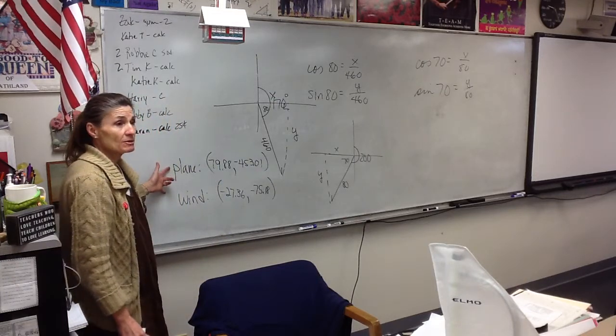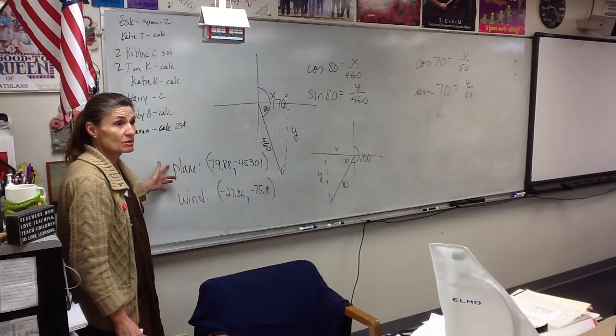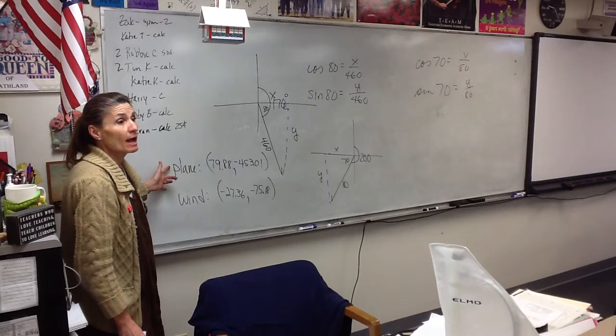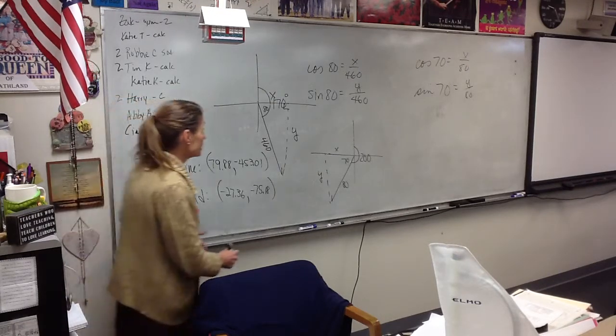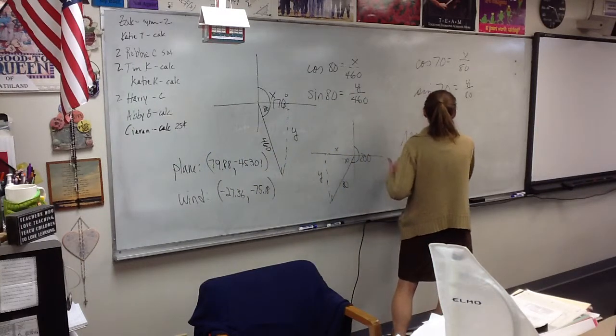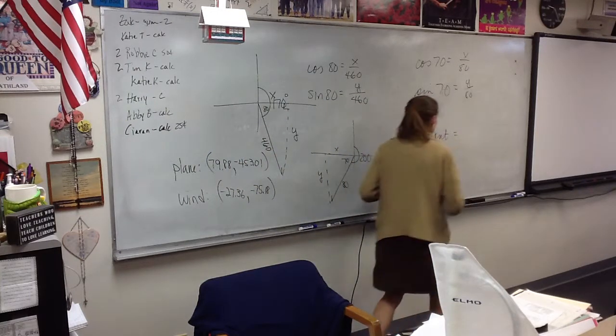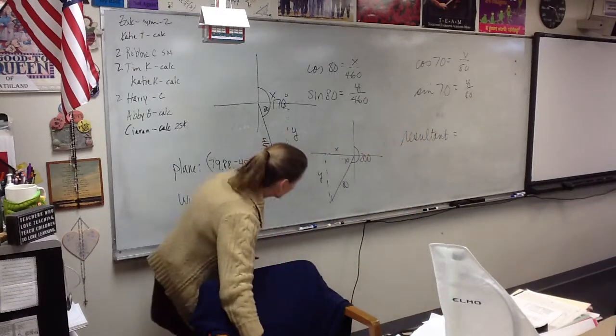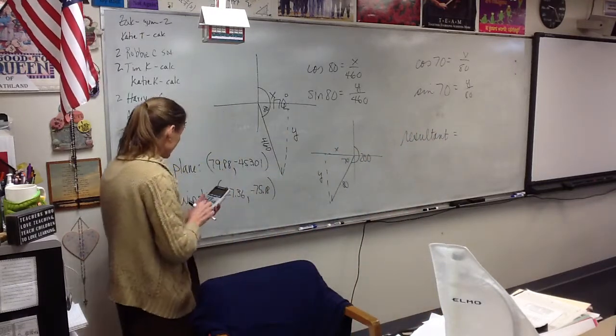How do I add two vectors together? We talked about that yesterday: add the x's and add the y's. So the resultant, the sum of these two vectors, is going to be these two added together.